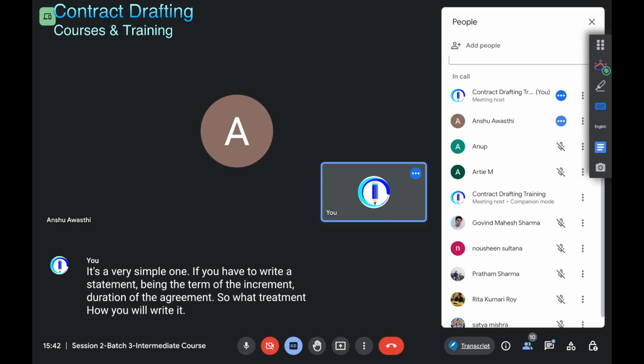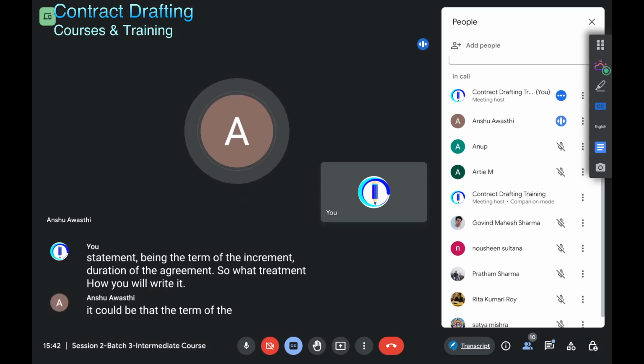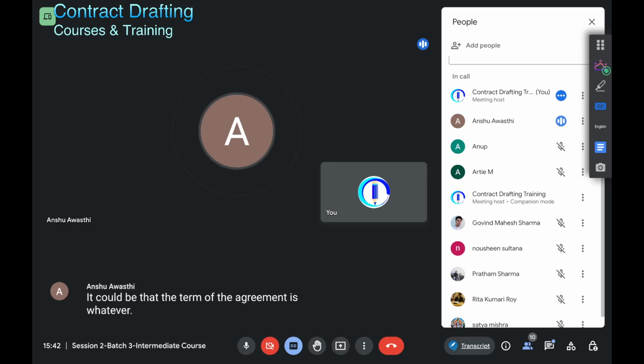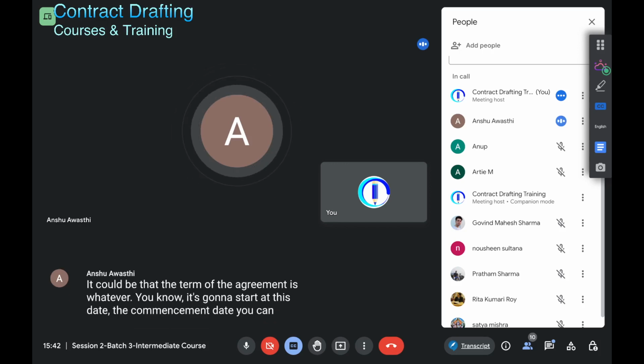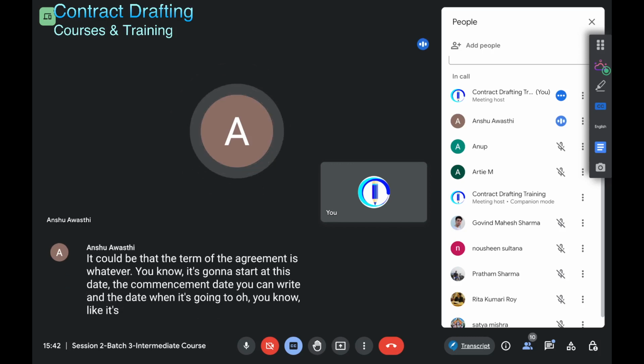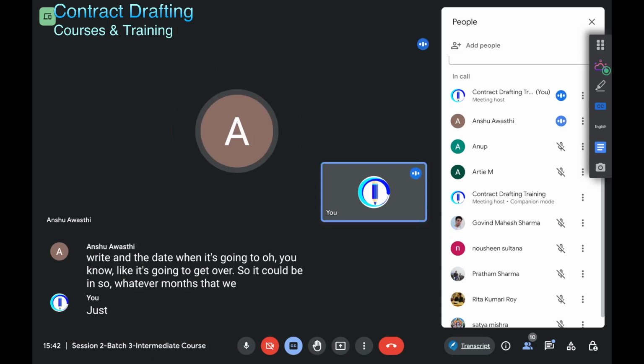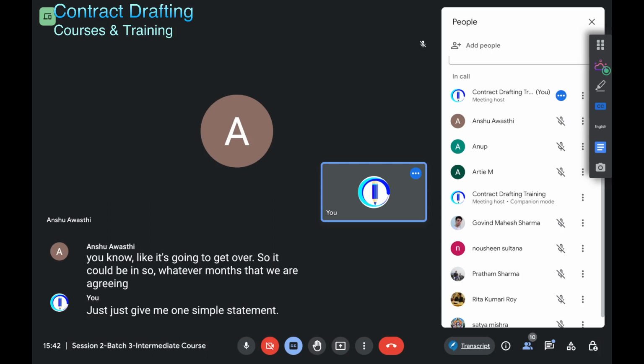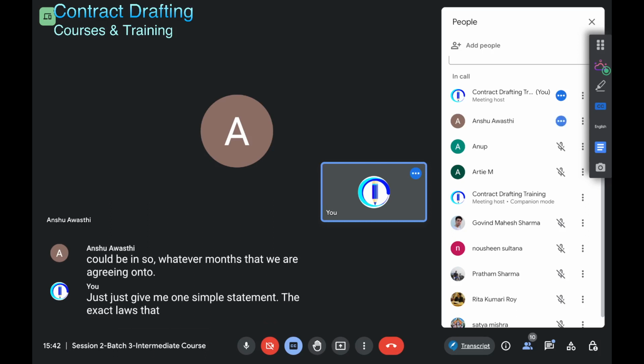It could be that the term of the agreement is going to start at this date, the commencement date, you can write, and the date when it's going to get over. It could be in years or months. Give me the simple statement, the exact clause that you want to say. Um, I can't think of any particular statement as such.